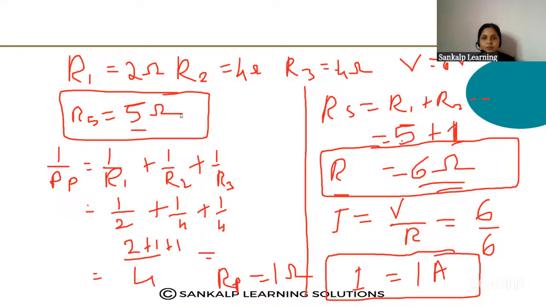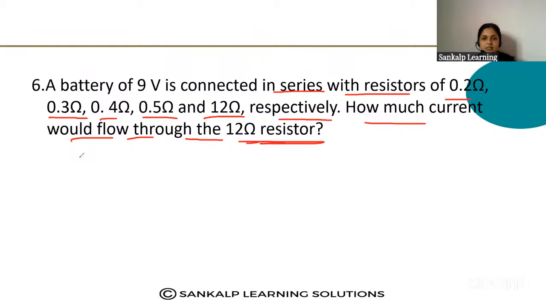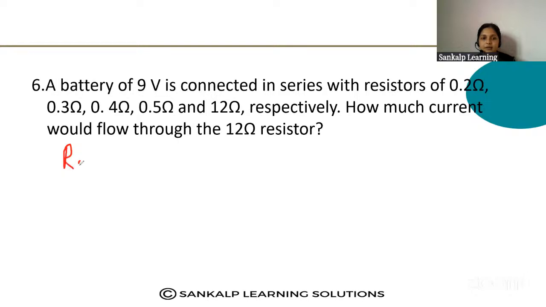Now I will clear this. So next question. A battery of 9 volt is connected in series with resistors 0.2 ohm, 0.3 ohm, 0.4 ohm, 0.5 ohm and 12 ohm respectively. How much current would flow through the 12 ohm resistor? When the resistors are connected in series, you have to apply the formula Rs is equal to R1 plus R2 plus R3.